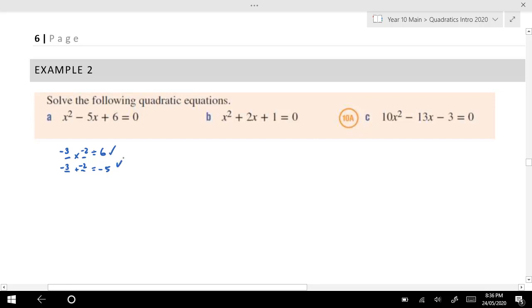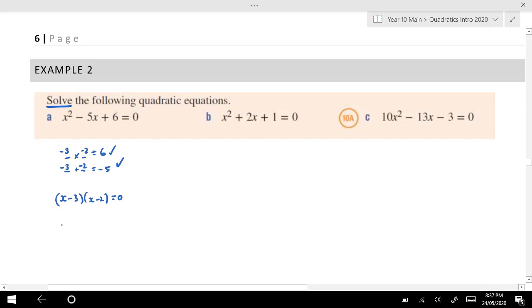So there's our two magical numbers. So here we can factorize, but this time we have an equation, not an expression. So x minus 3, x minus 2, and of course it's equal to 0. Usually we would stop if we had just an expression, but we've got this equation which we're solving. So we need to find our value for x.